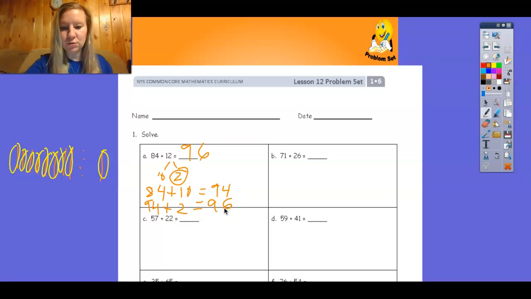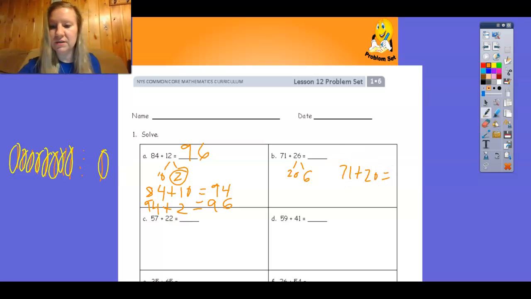Okay, 71 plus 26, I'm going to break my 26 into a 20 and a 6, and say 71 plus 20 equals, let's do it off to the side, 1, 2, 3, 4, 5, 6, 7, 1, plus my 2 tens, making 20. 1, 2, 3, 4, 5, 6, 7, 8, 9.